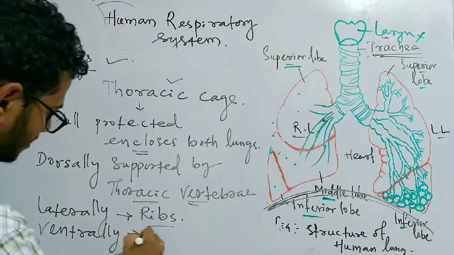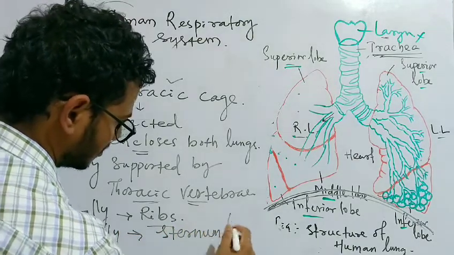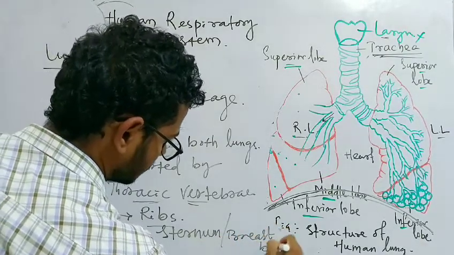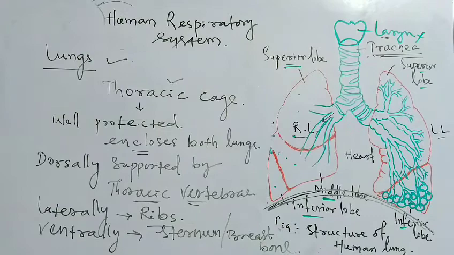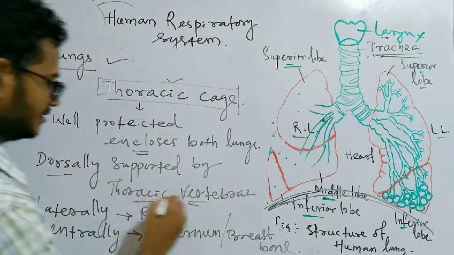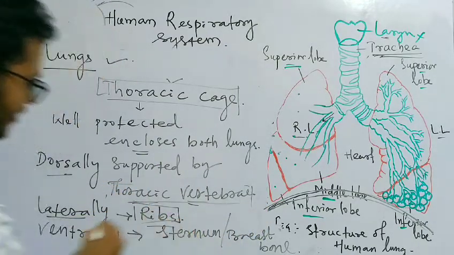Ventrally it is protected by the sternum. So the sternum protects the thoracic cage ventrally, dorsally by the thoracic vertebrae, and laterally by the ribs.